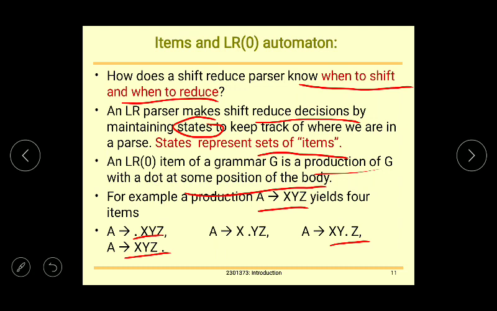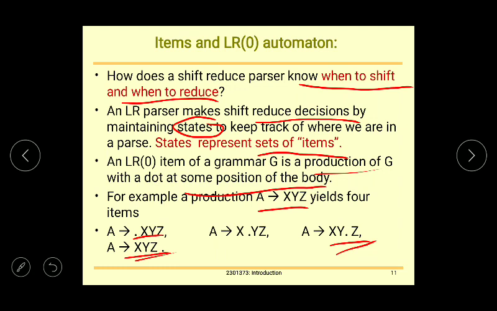Then X dot YZ means we have just seen the strings derivable from X, but we have not seen about Y and Z. XY dot Z is like the previous case: we have known about strings derivable from X and Y, but we have not known about strings derivable from Z. The last one is important, that is A gives XYZ dot.